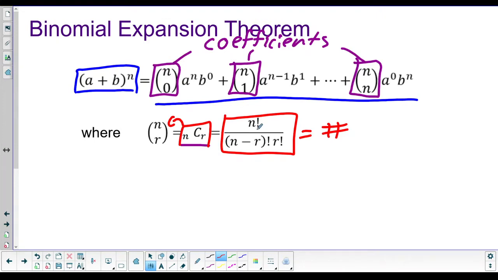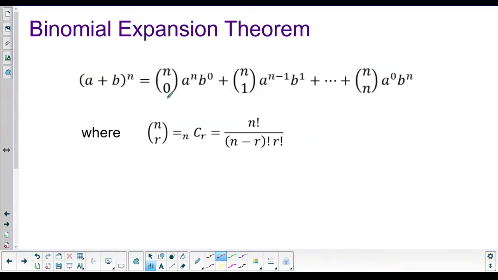Okay, so we got our coefficients handled. This and this are going to be coefficients. Then let's look at this little piece after it. This is a to the power of n, b to the power of 0. Cool. This is a to the n minus 1. All right, so anytime I'm confused about something, I like to plug in numbers, and that helps me get a grasp on this thing. So let's pretend n is 3.